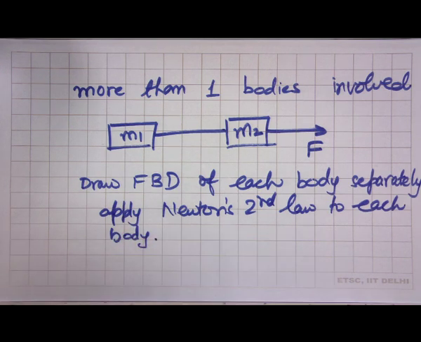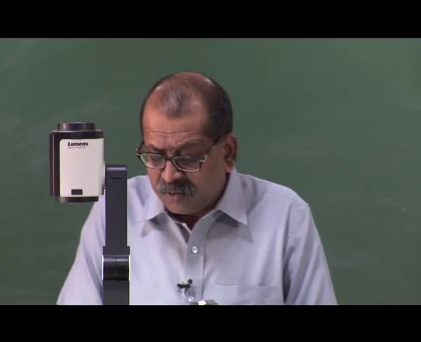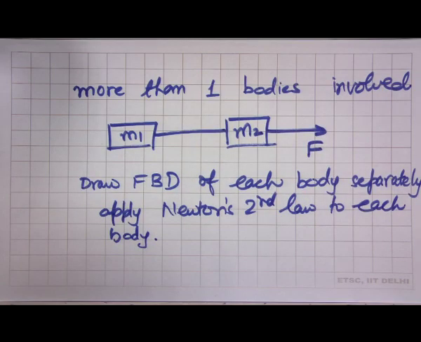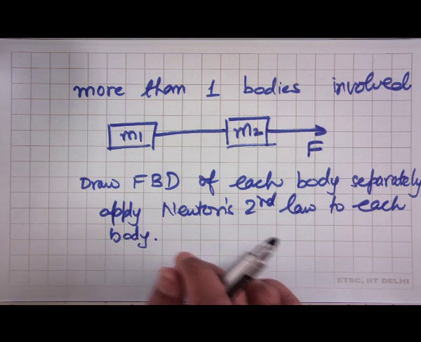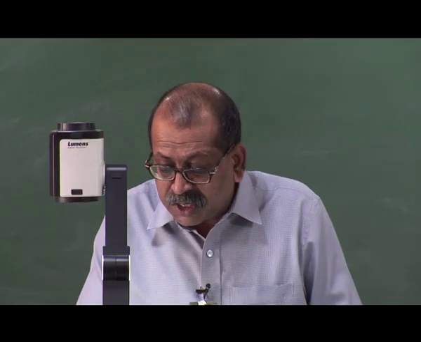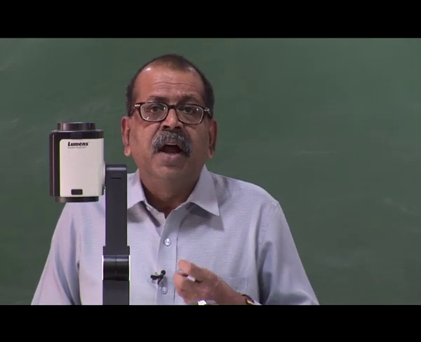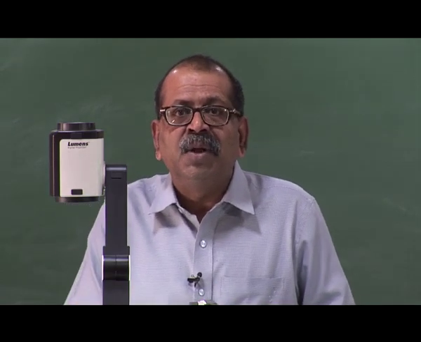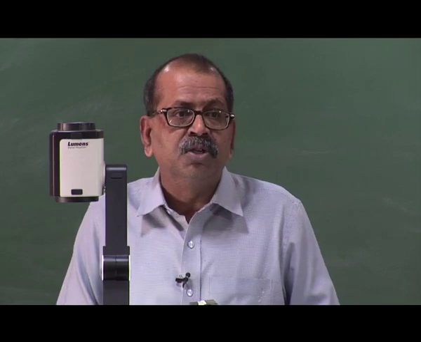But what we will have to realize is when we do that, whatever is the interconnection between these two bodies, we have to make sure that we use Newton's third law, that is action and reaction on the connecting body, and so that will give us a common link between these two bodies.